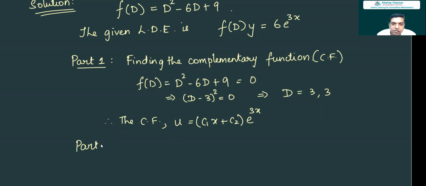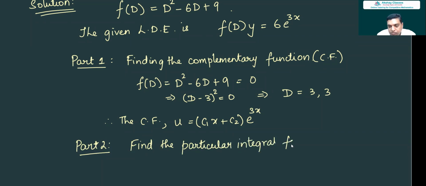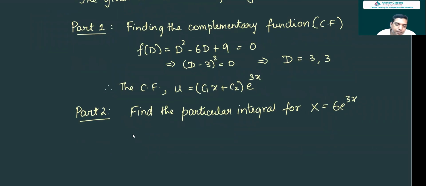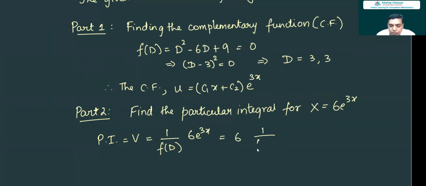Part 2, finding the particular integral. 6e^(3x). So v, the particular integral, we'll write as v = 1 upon f(D) 6e^(3x), which is 6 times 1 upon f(D) e^(3x).